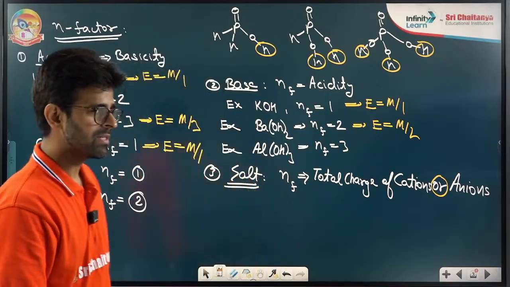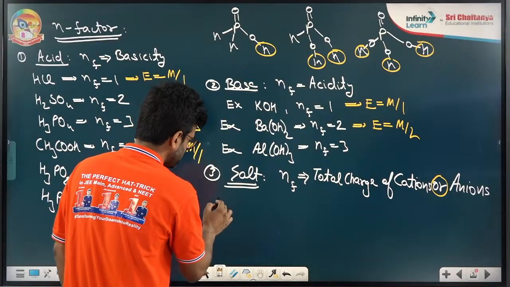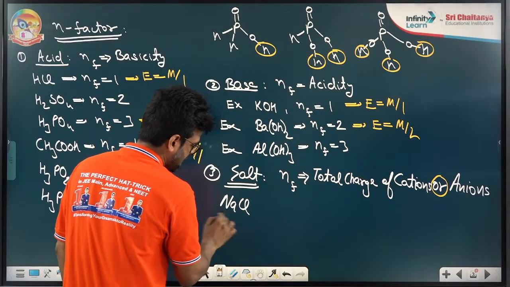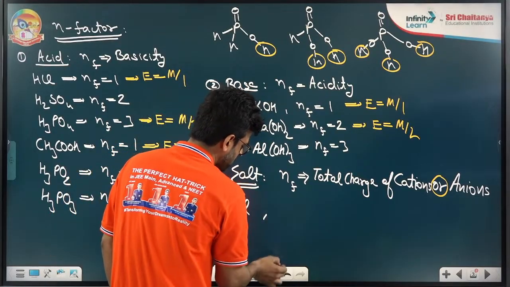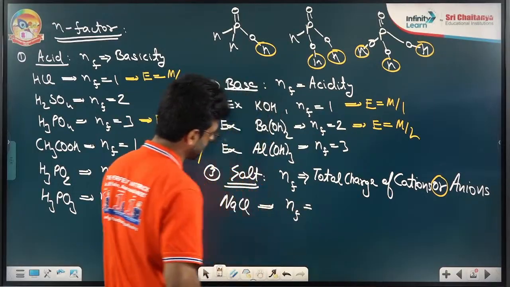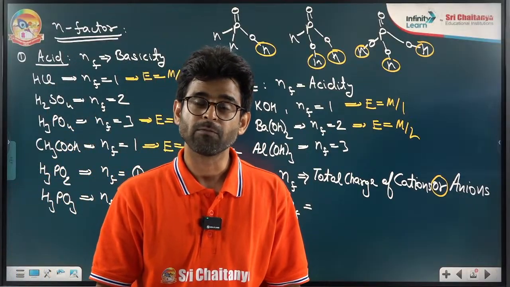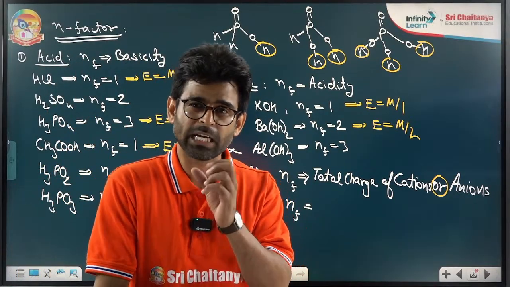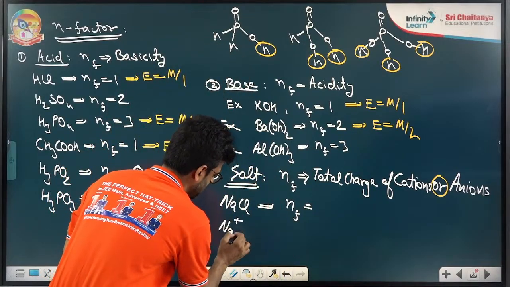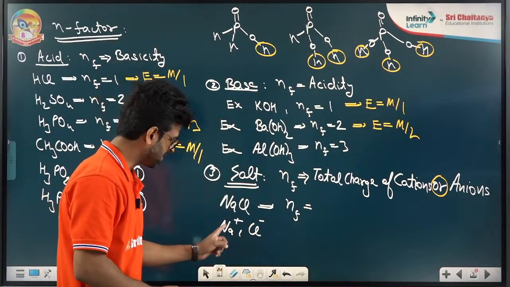Clear? Imagine I am talking about NaCl. NaCl is a salt. So for NaCl, how will we find the n factor? What is the total charge of the cation? Here we have Na plus, and here Cl minus.